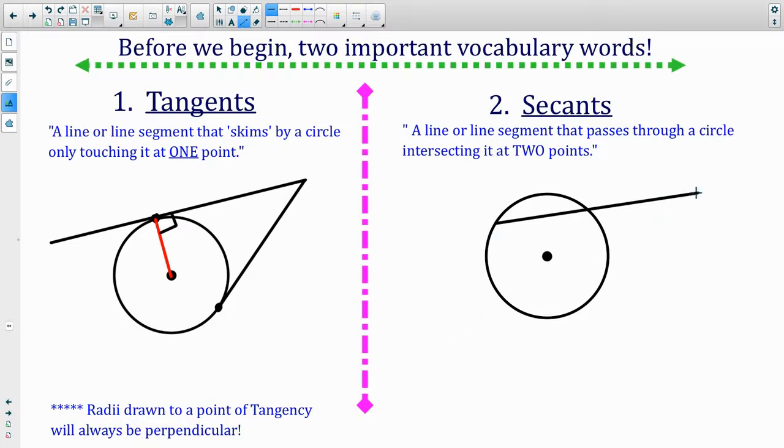And of course, you could draw many secants from any one particular point. See how they enter and exit, intersecting the circle at 2 points. So a tangent only touches the circle once, and a secant will touch the circle twice.